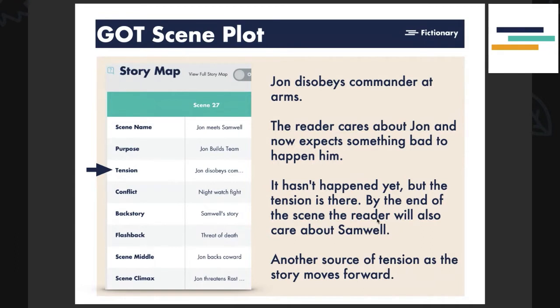And so it's a source of tension, not just for this scene, but it carries through in every scene they're in by setting John up as being super caring about his people, and Sam being very knowledgeable but a terrible fighter. And so all the way through every scene they're in, this goes with them. And so it's tension that works all the way through.